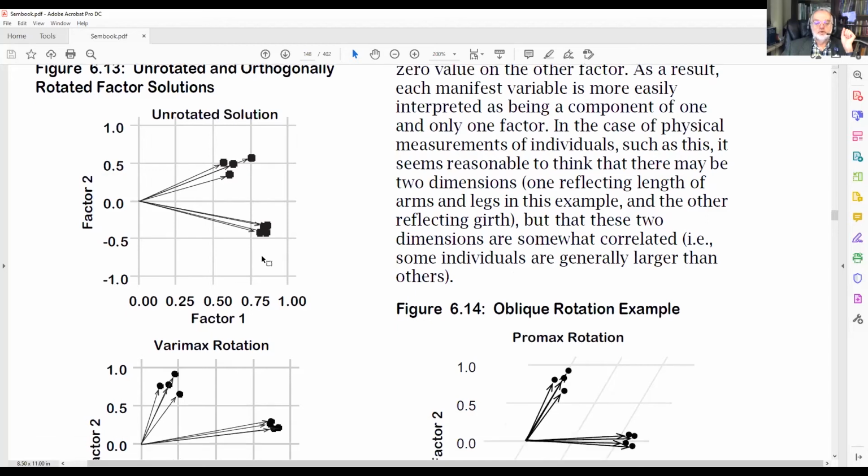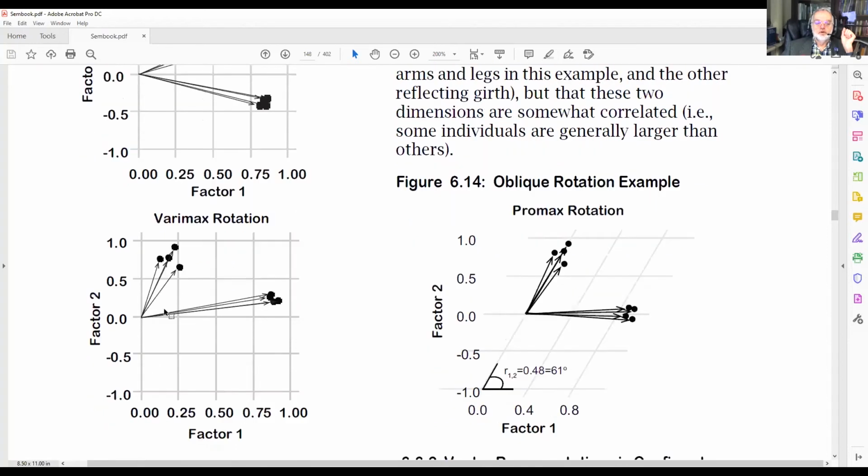And the act of rotating is spinning these vectors around so that there's a very small variance on one factor and a very large variance on the other factor that explains each of these corrected for measurement error versions of the data.